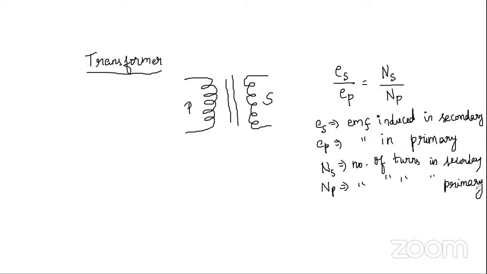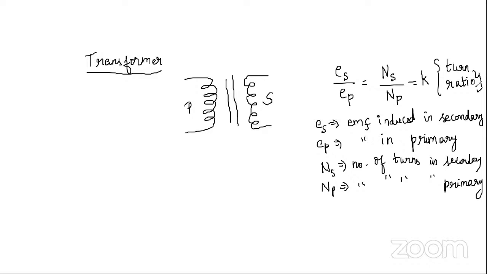So this is one equation. Here NS by NP is otherwise called the transformer ratio, represented as K, the turn ratio or transformer ratio.